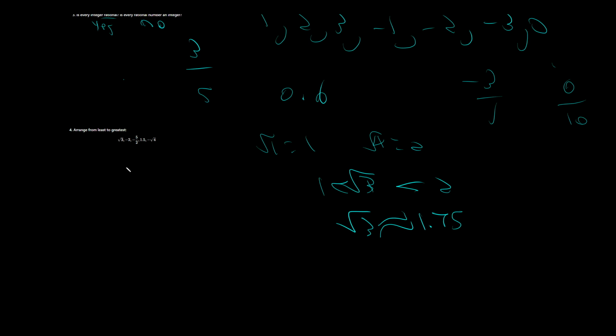Then we have -2. Let's write out a number line first. We have -5/2, which I hope you can evaluate. It's -2.5, because we have -2 plus a -1/2.